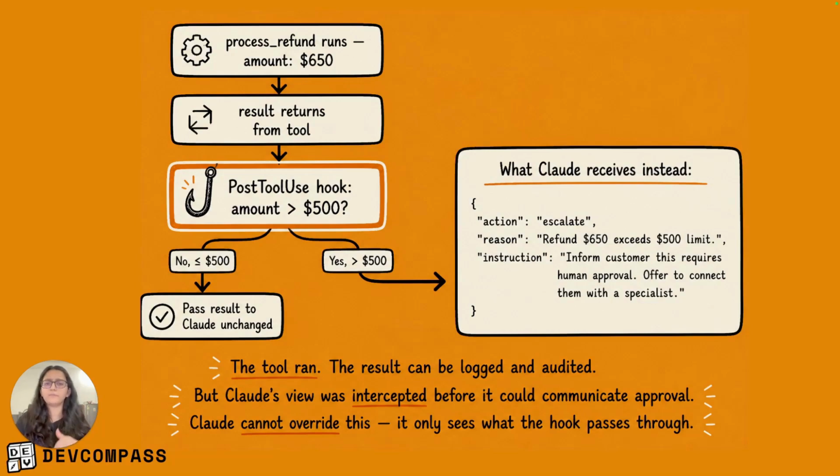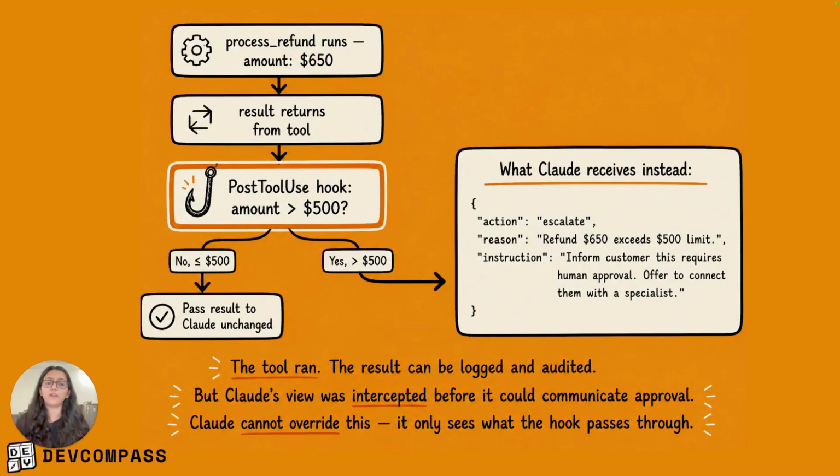The result comes back from the tool. Now the PostToolUse hook will fire. Again, the amber bordered gate box, it's your code. So it will check, is the amount greater than $500? It is. So instead of passing the result through to Claude, the hook replaces the result with something completely different. Look at what Claude actually receives on the right side of the flow.